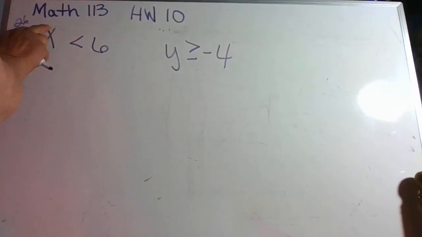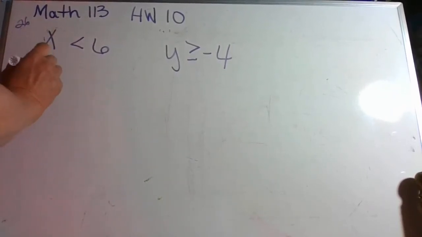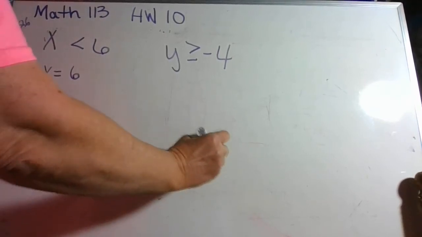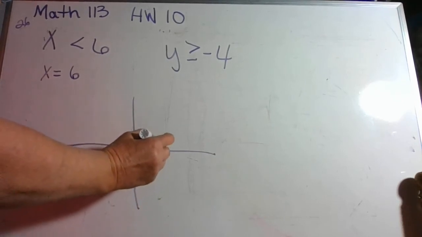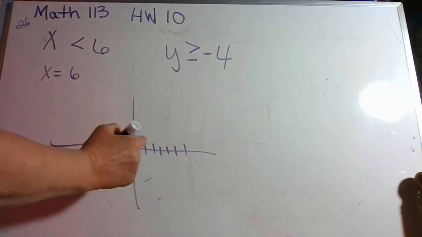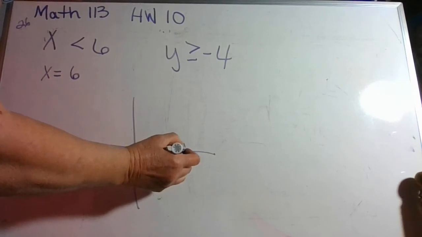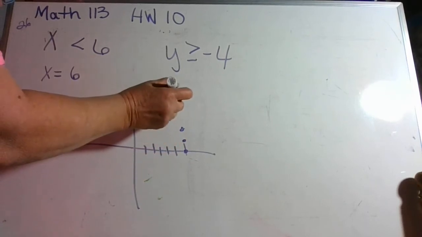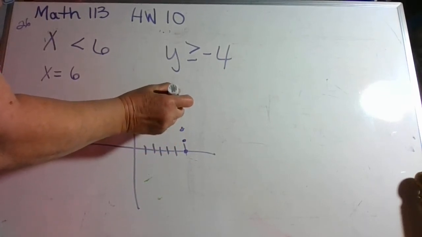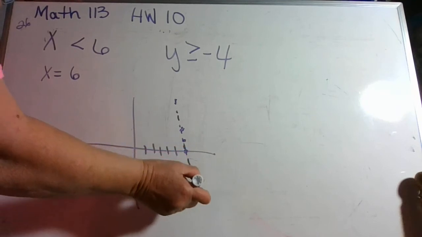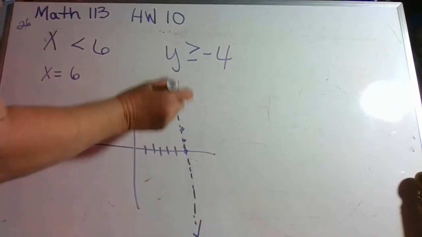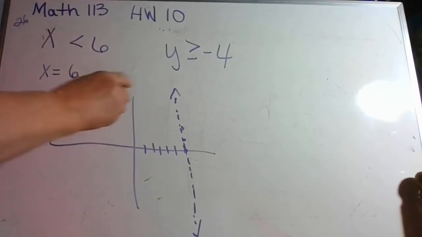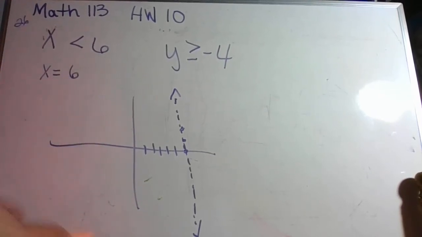Okay, if we have x equal to 6, 1, 2, 3, 4, 5, 6, so that would be 6 and 0, 6 and 1. Remember, it's going to be a vertical line, and it's less than 6, so we are going to color in this side.